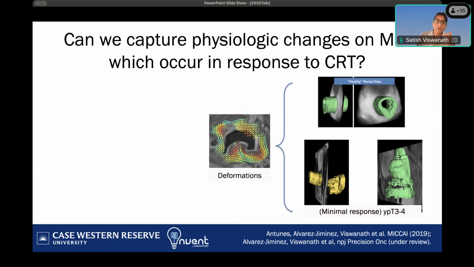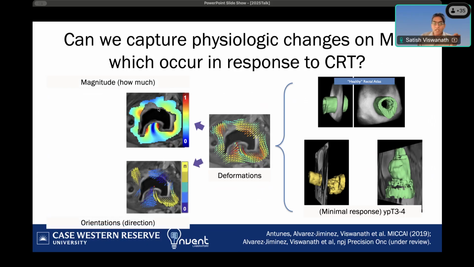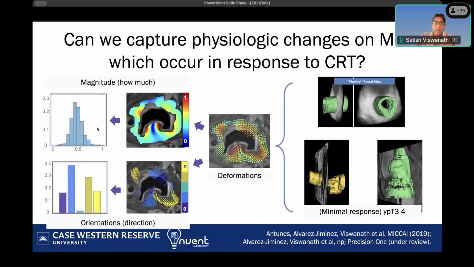You can start to quantify information from this. You can look at how much deformation there has been. Is it more, is it less? You can also look at what direction the deformation is in. Is it inward? Is it outward? Is it contracting? Is it expanding? You can derive different types of features from that.